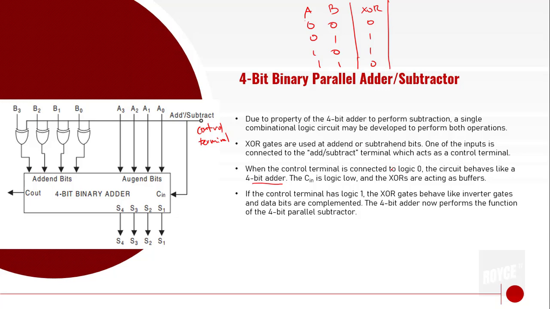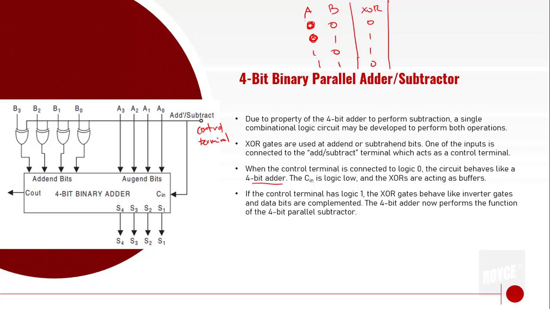Now, kung 0 yung control terminal natin, if A is our control terminal, pag 0 siya, ayan o. And then B is ito, B sub 0, B sub 1, B sub 2, B sub 3. Kung ano man yung value ng ating B, i-output niya lang yun. So, yung XOR natin dito is acting as a buffer.